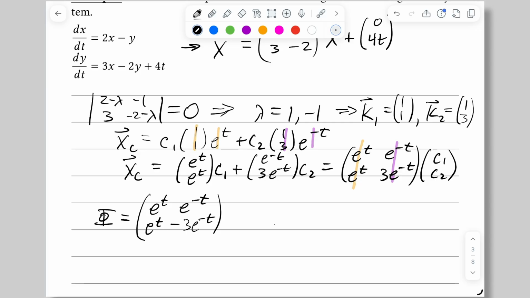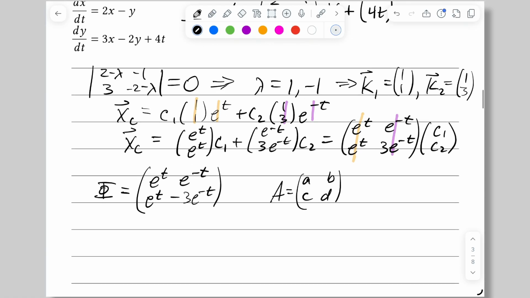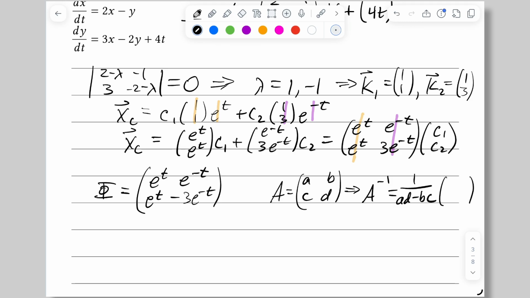As a quick aside, if A is equal to the 2 by 2 matrix [a, b; c, d], then there's a formula that I'm going to encourage you to memorize. And it's that A inverse is equal to 1 over ad minus bc. You might recognize that as the determinant of A. And then the entries in the upper left and the lower right switch places, and the entries in the upper right and the lower left change signs.